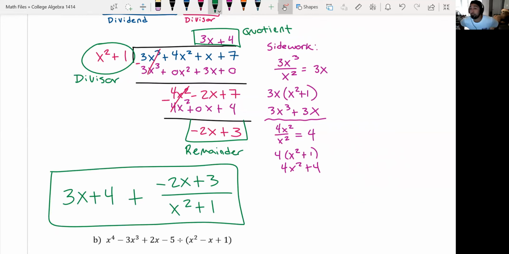And that's our answer. That's it. Quotient plus remainder over divisor. All right, not bad. So that's everything we do for long division. So watch your signs. Watch your signs.